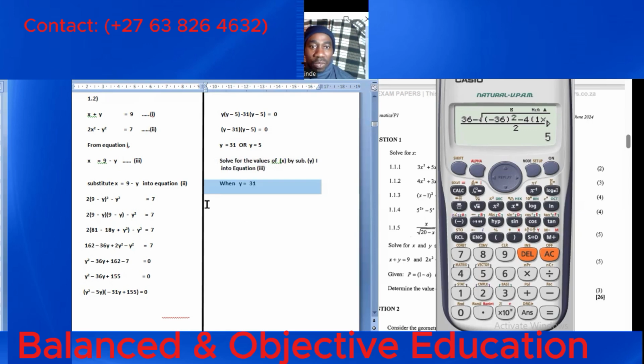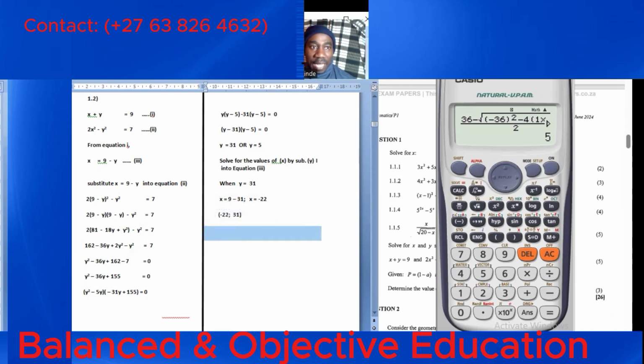So when Y equals 31, X will be equal to 9 minus 31. And that means that X will be equal to negative 22. So we can write the values of X and Y in the coordinate form. So that means X is equal to negative 22 and Y equals 31.